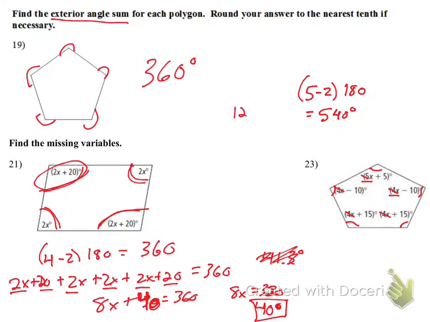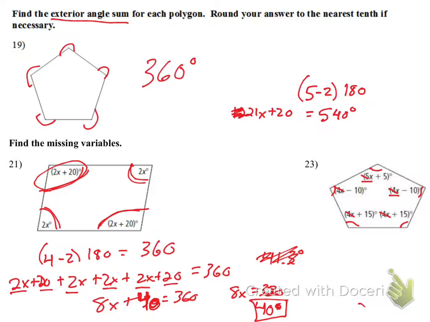So 21x, and then we have 5, and then minus 10, so that'll be negative 5. Plus 15 would be 10, plus 15 would be 30, minus 10 would be 20. So 21x plus 20 is equal to 540. Let's see if I did that in my head right.